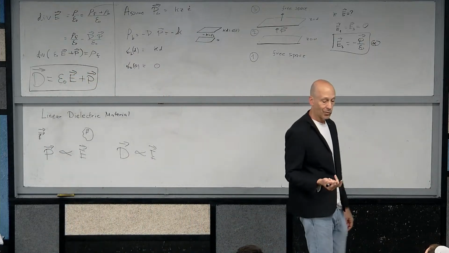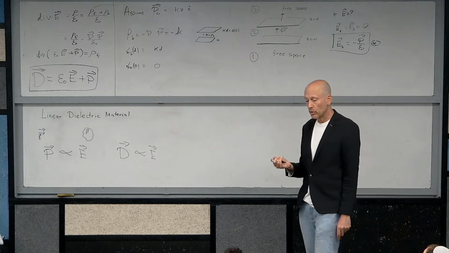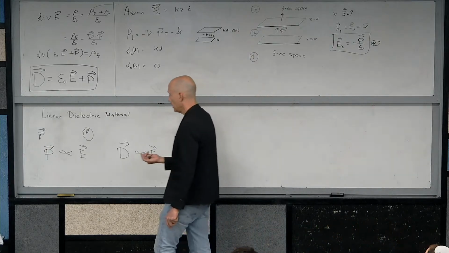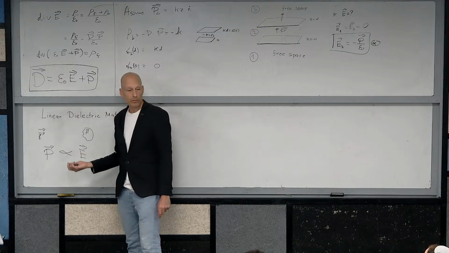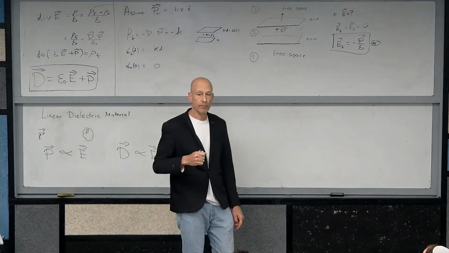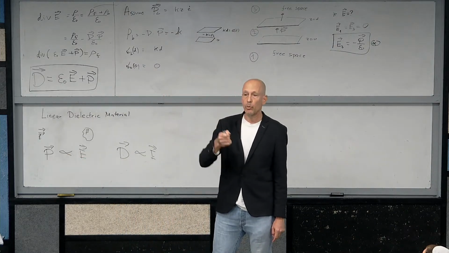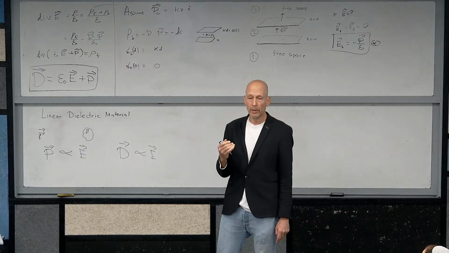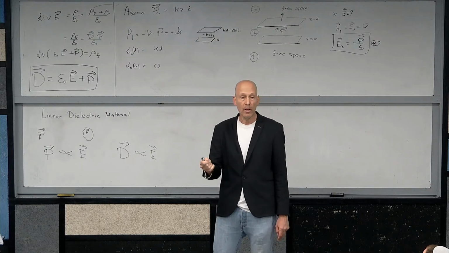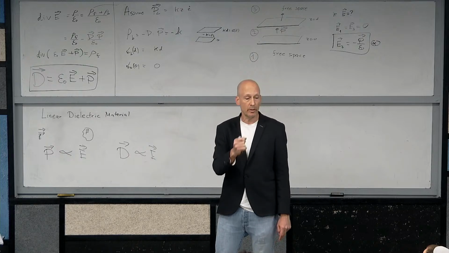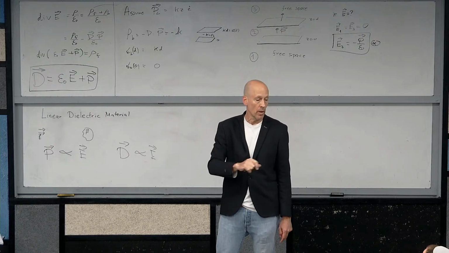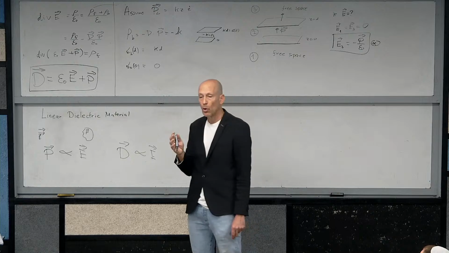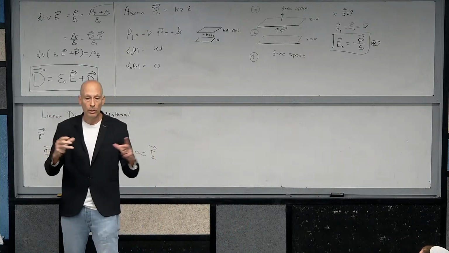And the price you need to pay is you need to say what is the proportionality here. This proportionality is a phenomenological number that we add to the theory. Phenomenological number means material 1 at temperature 1, at pressure 1 has one constant. At a different temperature, it will have a different constant. So this is something that you measure. You don't know what it is, but you add it to the theory.